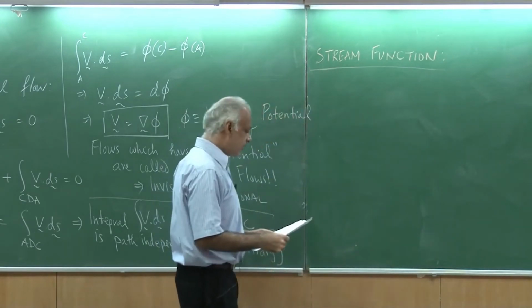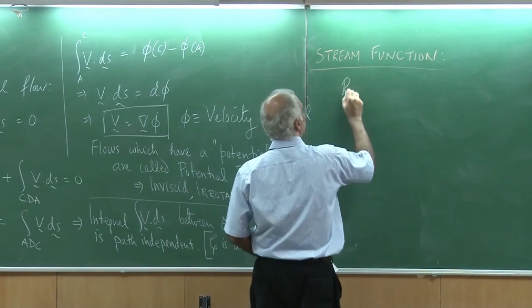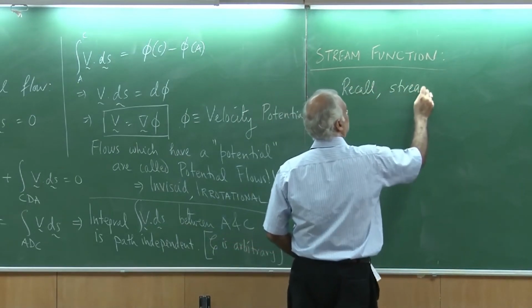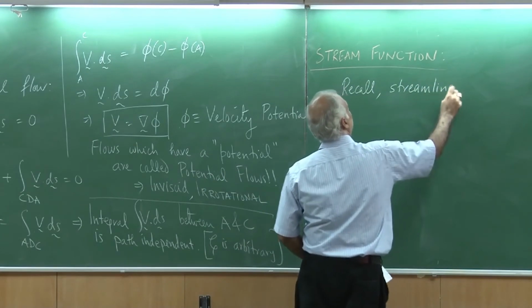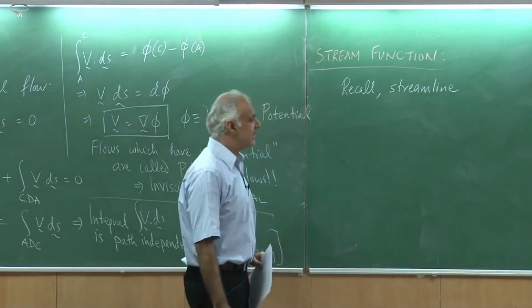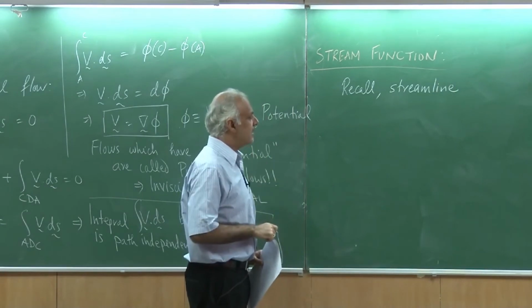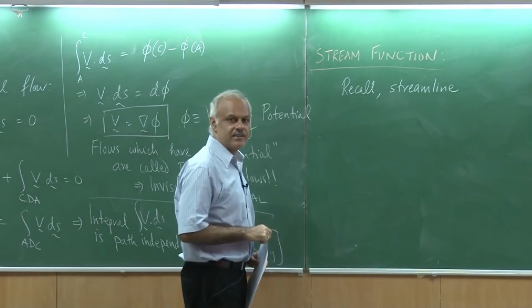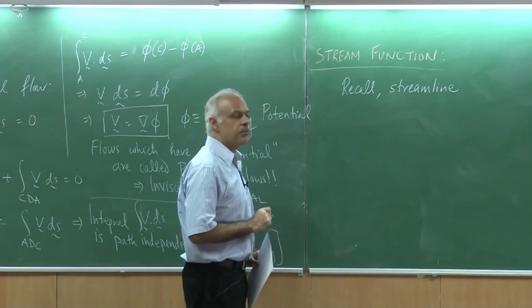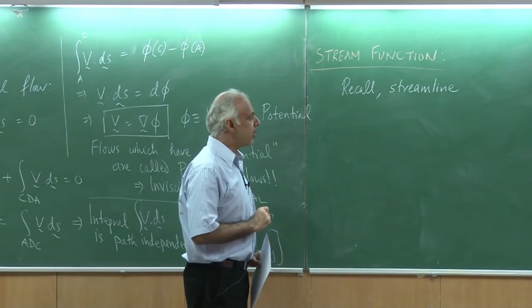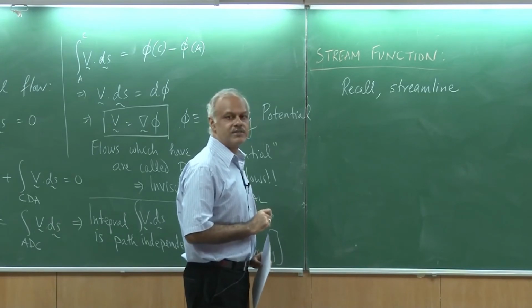So, please recall a streamline. We had talked about a streamline a few sessions earlier, and we said that along a streamline, if I take any point and draw a tangent on it, then the tangent points in the direction of the velocity vector.